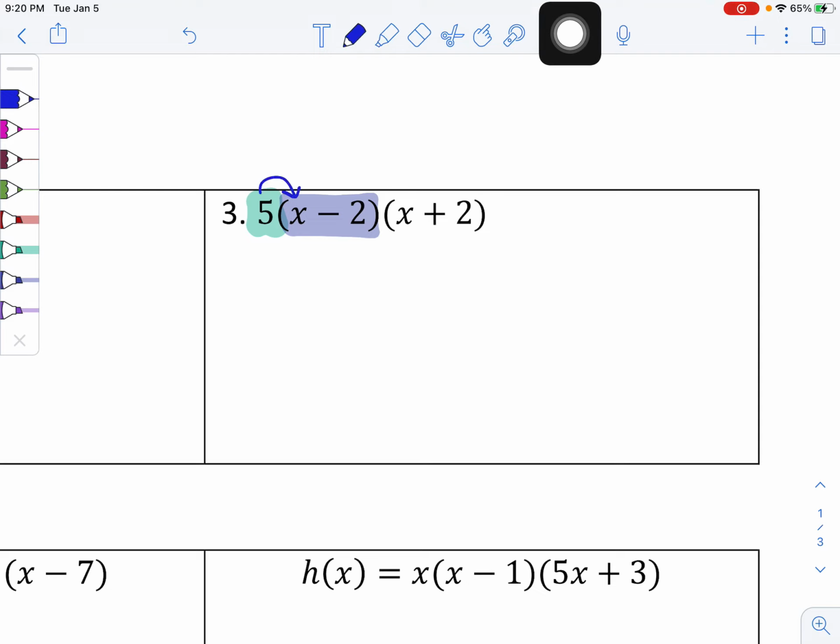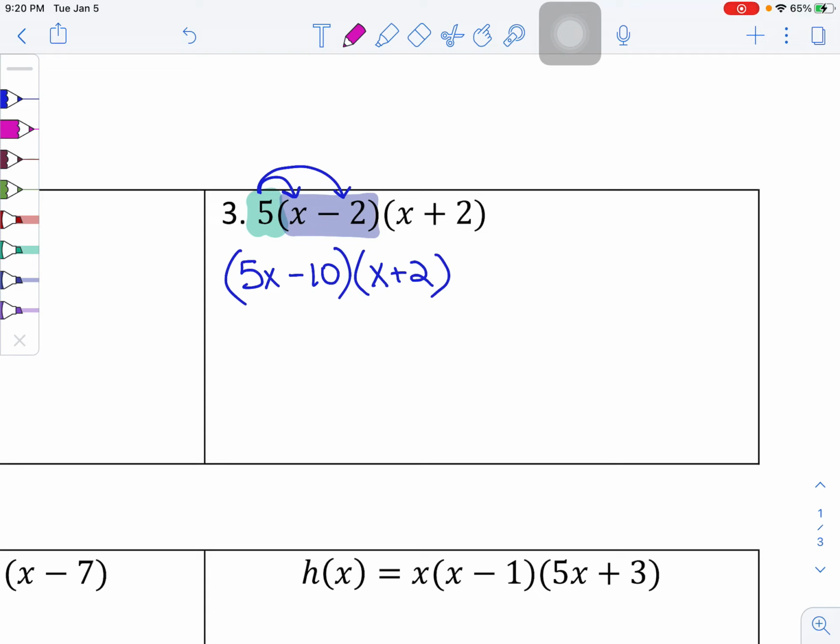So let's see, if I distribute here, I'm going to get 5x, and if I distribute here, I'm going to get minus 10. But I want to be careful. I still need to multiply that with x plus 2. All right, so just be careful that you don't drop your multiplication too early, but also that you don't multiply too much. Kind of a fine line.